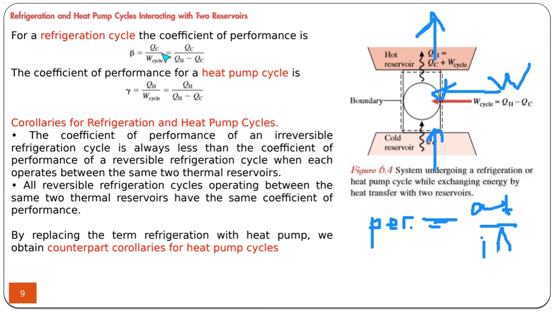And if you look at the system, you can see that work is just the difference between QH and Q low. So you can write the performance of the system as QC divided by W. QC is the cooling of the system if it's used as a cooler. So this is the cooling mode.